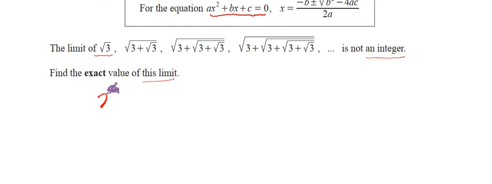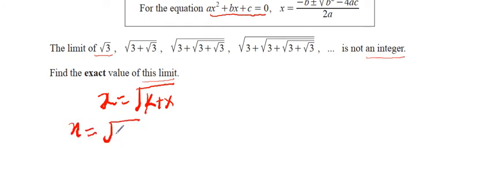So x is equal to square root of k plus x. Here we see k is 3, so we can write x will be equal to square root of x plus 3.